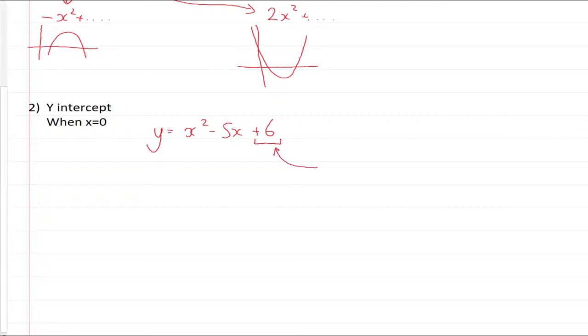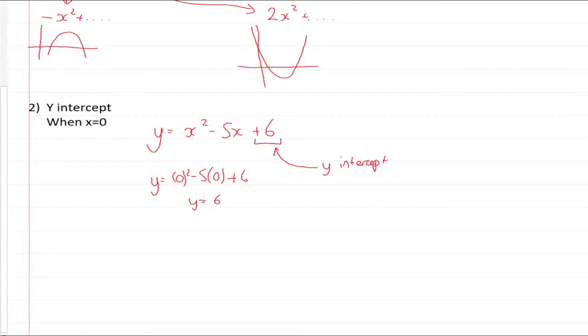Because it'd be y is equal to 0 squared minus 5 times 0 plus 6, which is 6. If it's in the format x squared plus bx plus c, then we know that it's just c. Okay? Does that make sense?